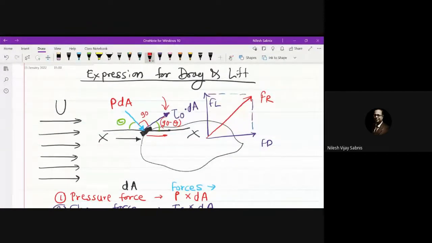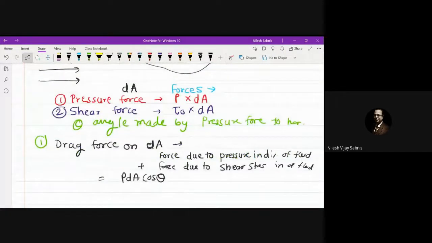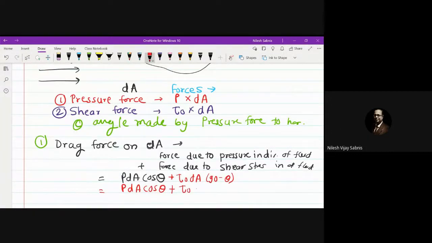So the final answer will be plus tau 0 dA sin 90 minus theta. So what will be the simplification? PDA cos theta plus tau 0 dA sin theta.